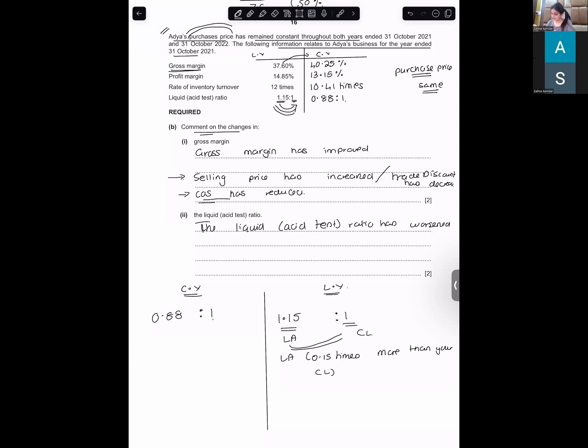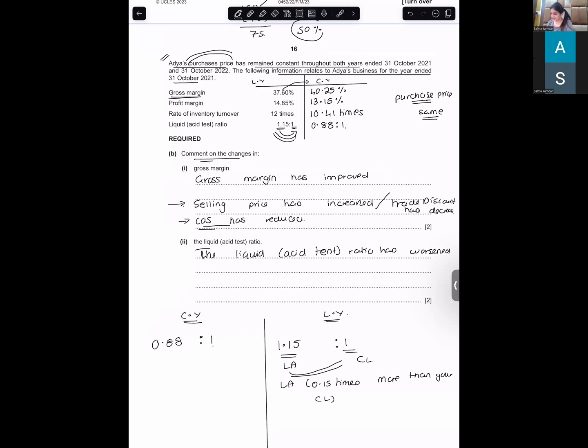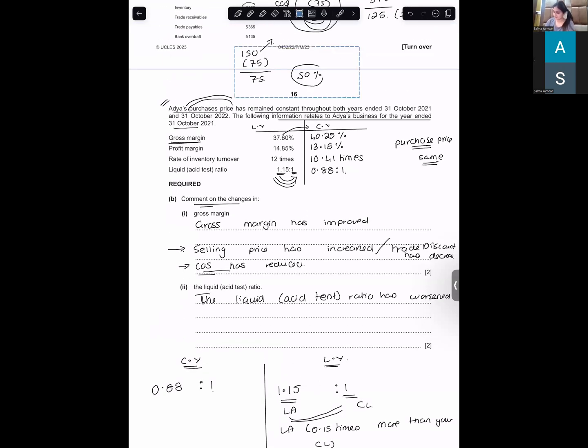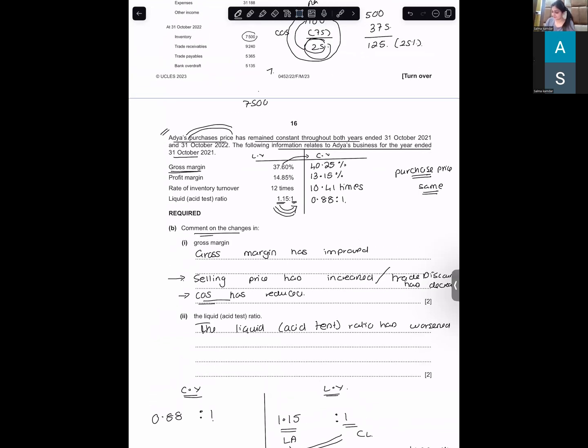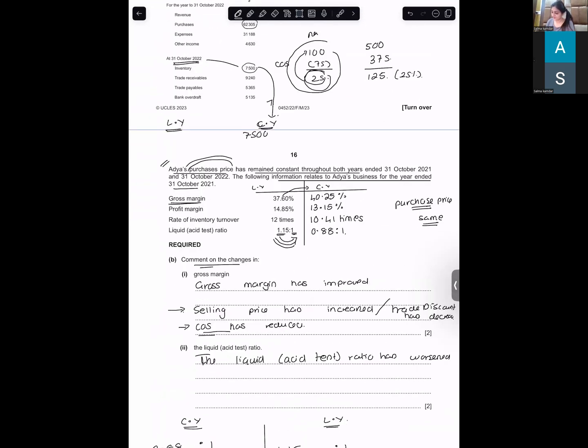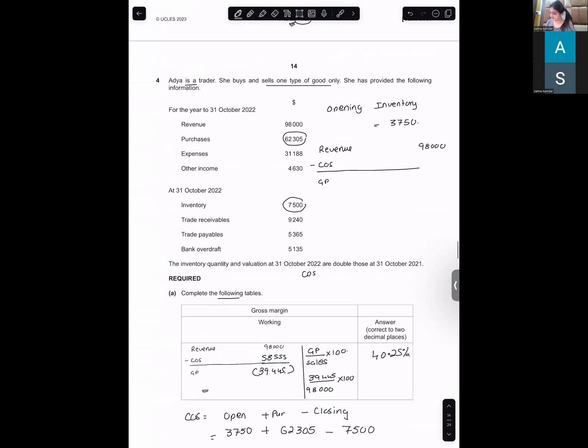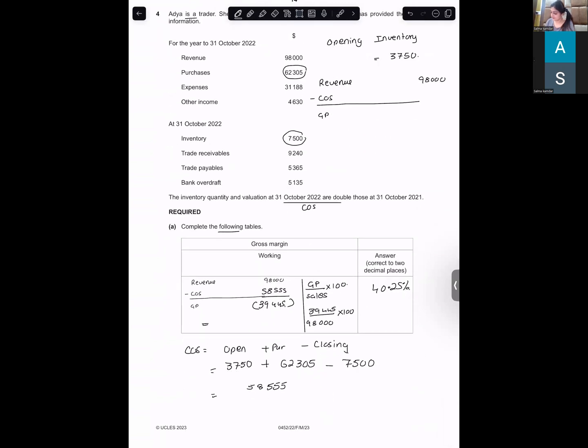Do you know last year your inventory was how much? Inventory 7,500, last year. No, this is the current year. The current year is 7,500 and the opening inventory was half of that, 3,750. 7,500 is for 31st October 2022, this is the closing.